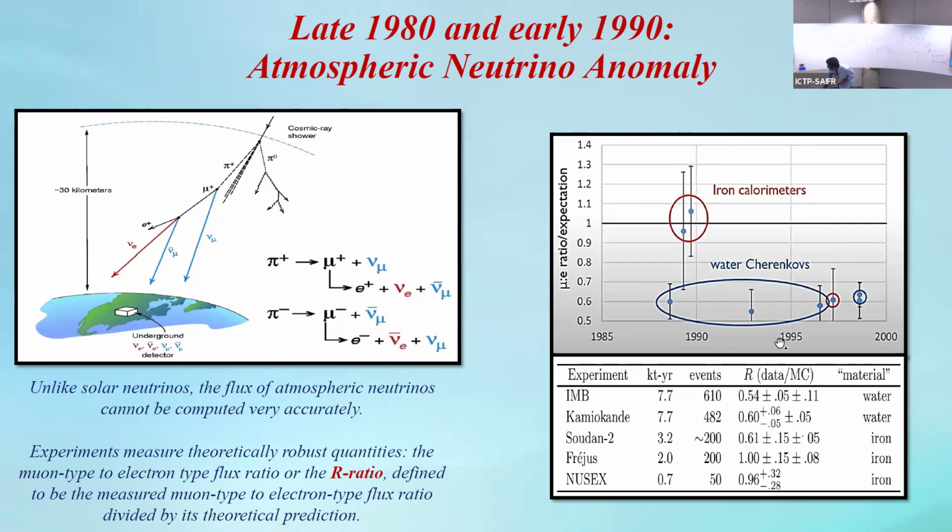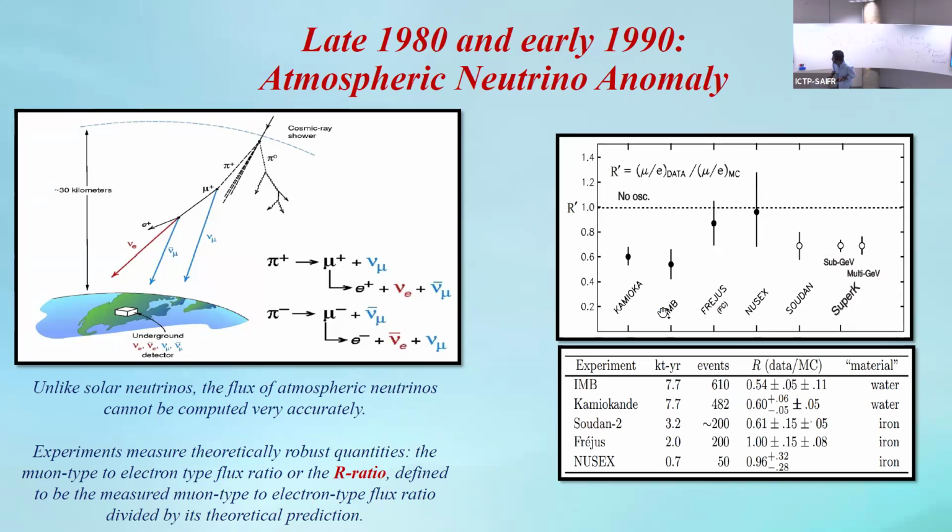If you see the numbers, these are the defined experiments. With the water Cherenkov and other experiments, as you can see, these are disagreeing with each other. And Super-Kamiokande also finds this type of discrepancy with the iron calorimeter and so on.